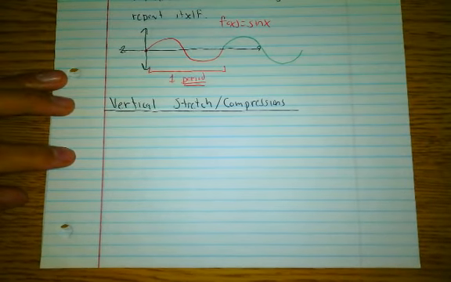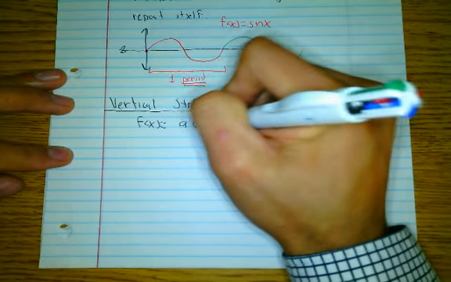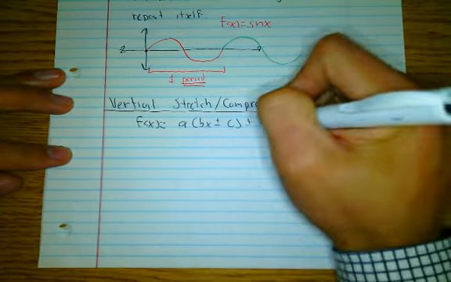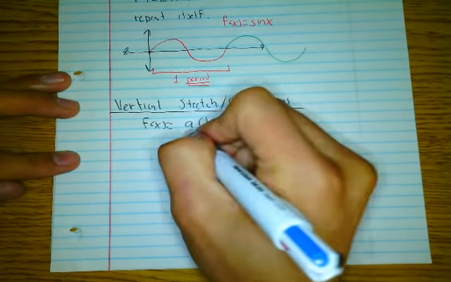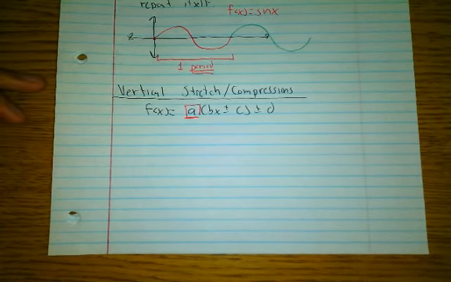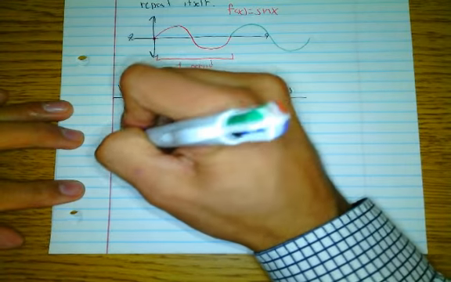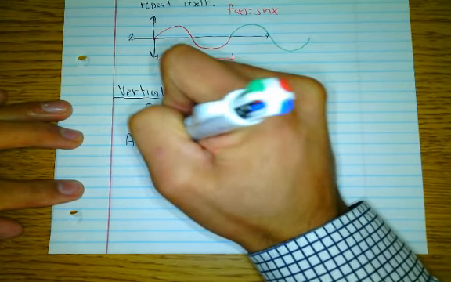A is responsible for telling us that we have a stretch or compression. Agreed? In trig, it's not that we're trying to make things more difficult, but we move away from saying stretch and compression. We changed the name. We call it amplitude. Amplitude is the new word that we're going to be using for trig when we're talking about a vertical stretch or compression.